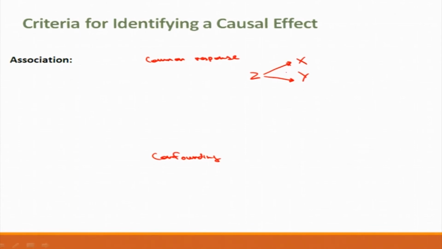Confounding is the possibility that either the change in the explanatory variable, that is the independent variable, is causing changes in the response variable, or it might be that the hidden variable is causing change in the response variable. In this case, my z is the hidden variable. In the common response case, there is a correlation between x and y, and z is affecting both of them.